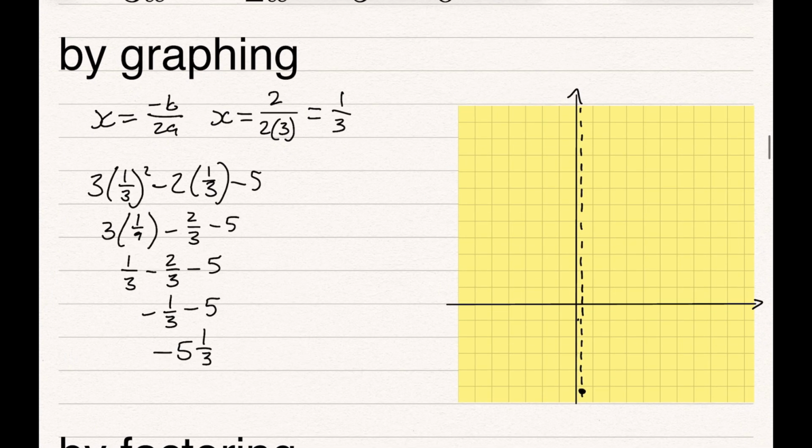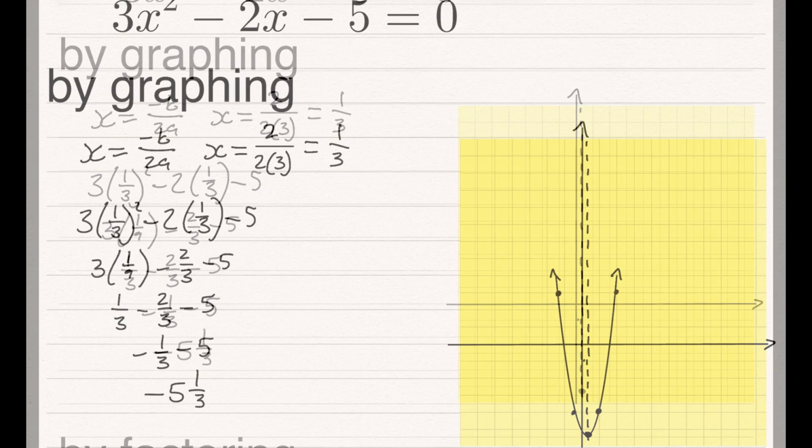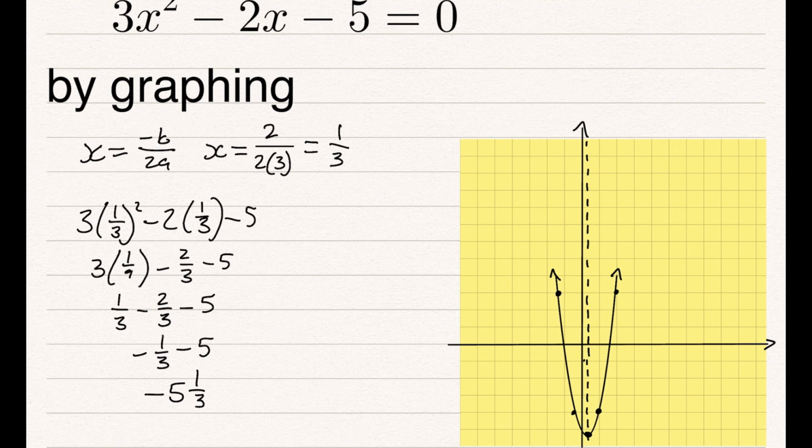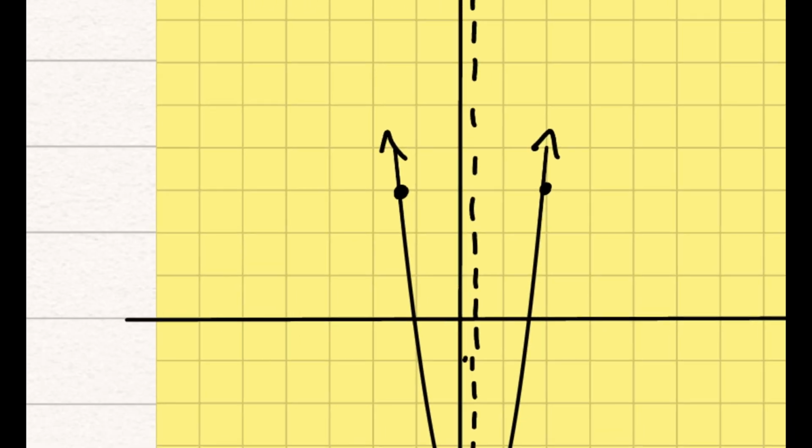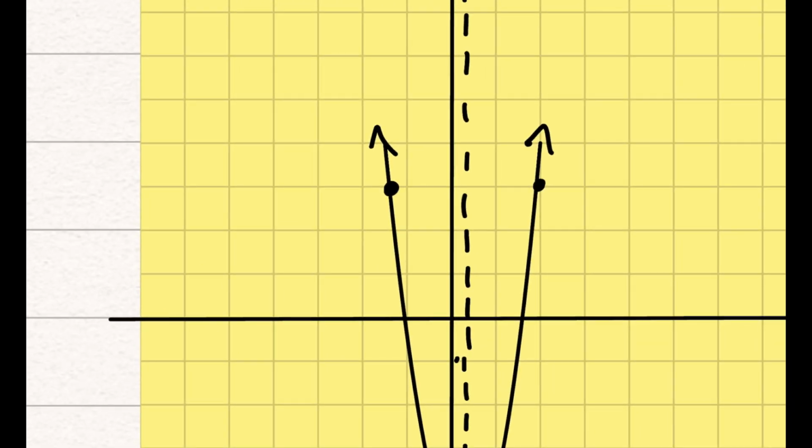To graph our parabola, it would be best to go ahead and plug in a couple of points. So our graph would look something like this. And what we see is that it appears we have a solution here and a solution here. Of those, this solution might be a whole value. This one is definitely a fraction.